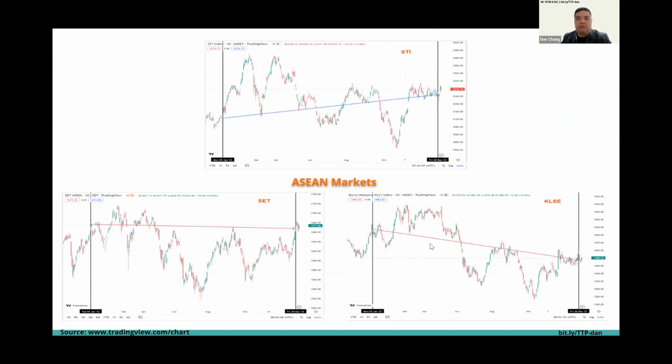So Malaysia, Thailand, and even Singapore have outperformed most of the global market. Thailand is almost flat, just along the flat line there, and Singapore was very lucky or very resilient here, managing to clock a very small gain.